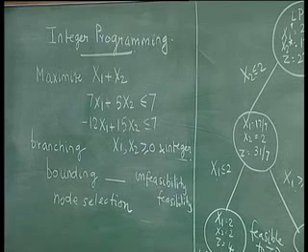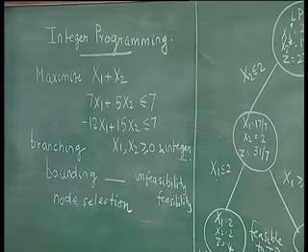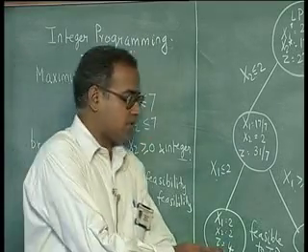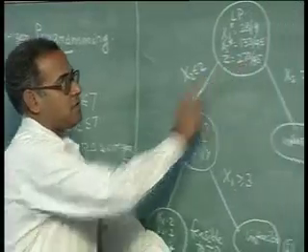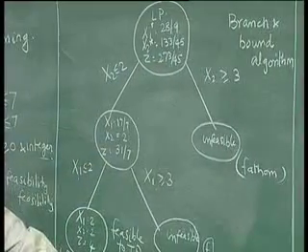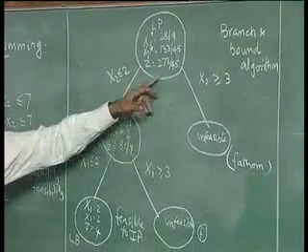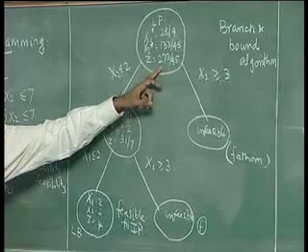Therefore, the LP optimum is an upper bound to the IP optimum. I have a maximization problem. For example, here the optimum was 4. Now the value here, if you divide 273 by 45, would be anything between 5 and 6.